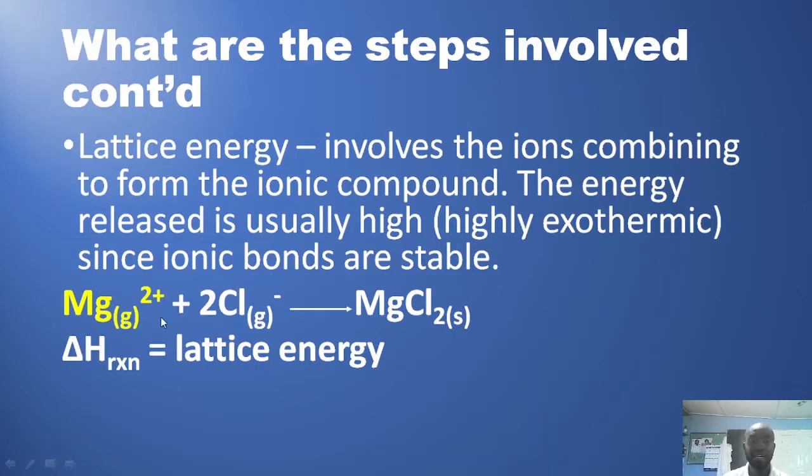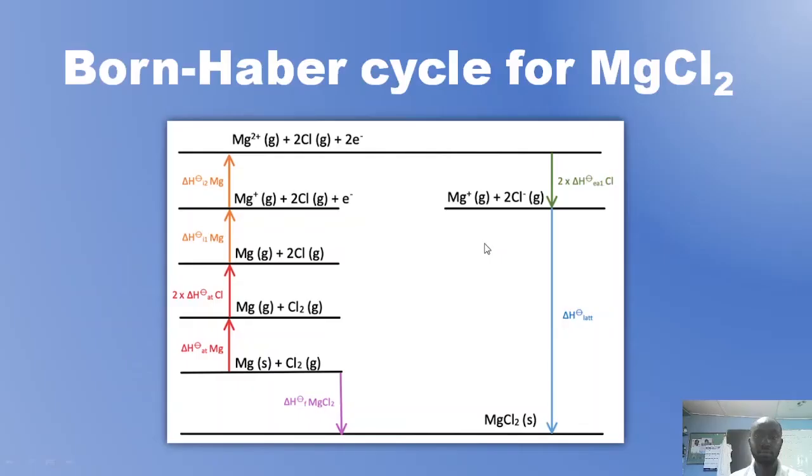So the magnesium cation, which has been formed already, and the chloride ions combine to form a magnesium chloride solid, and the energy change involved here is called the lattice energy. Most of the time it is difficult to calculate lattice energy, and that is where the Born-Haber cycle comes in handy. It helps you to calculate the lattice energy of an ionic compound.